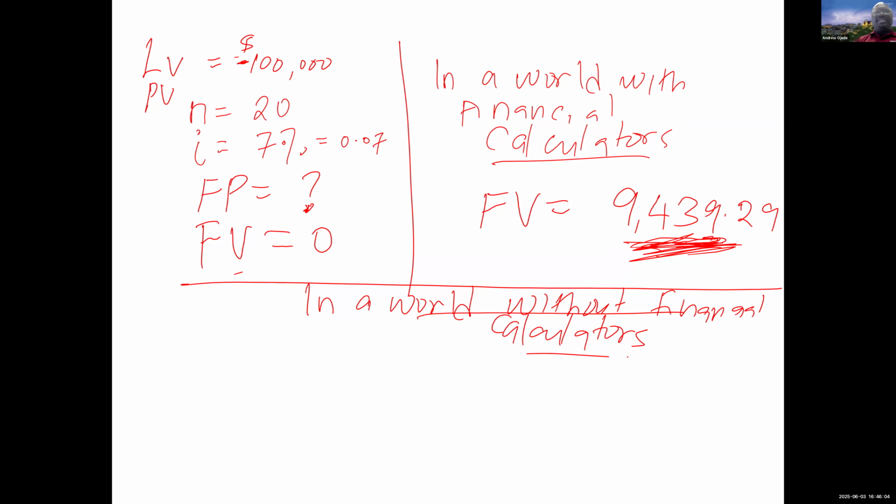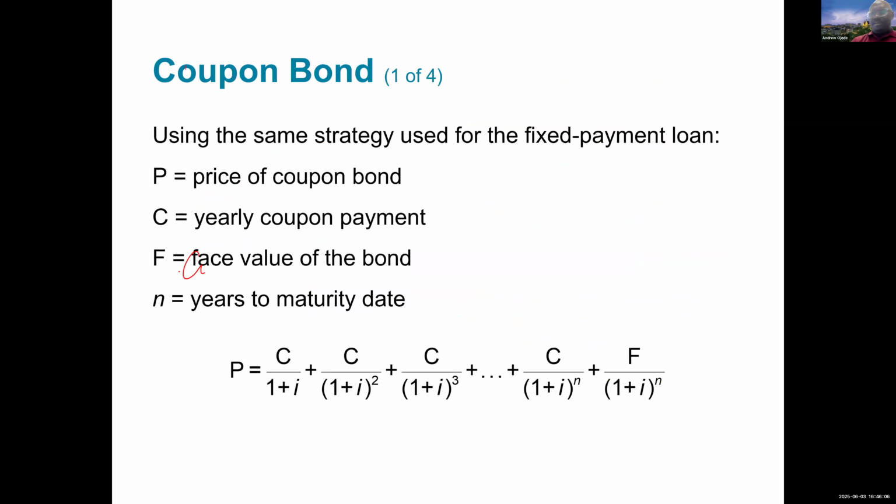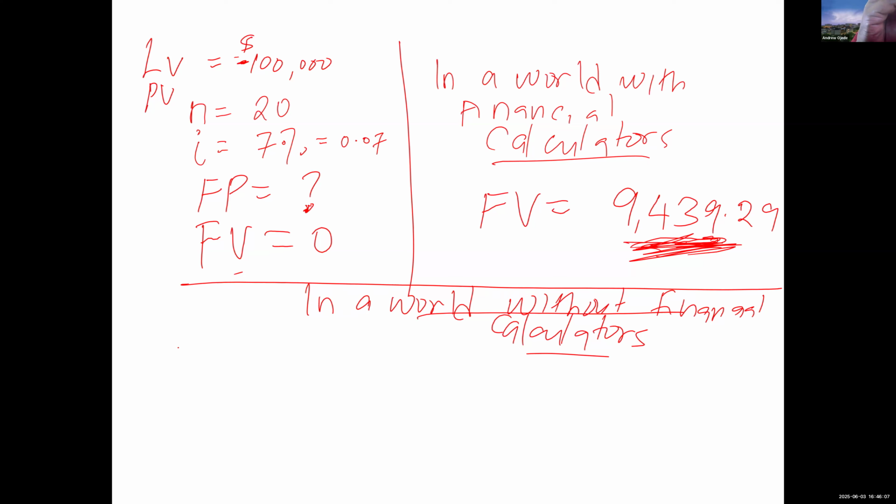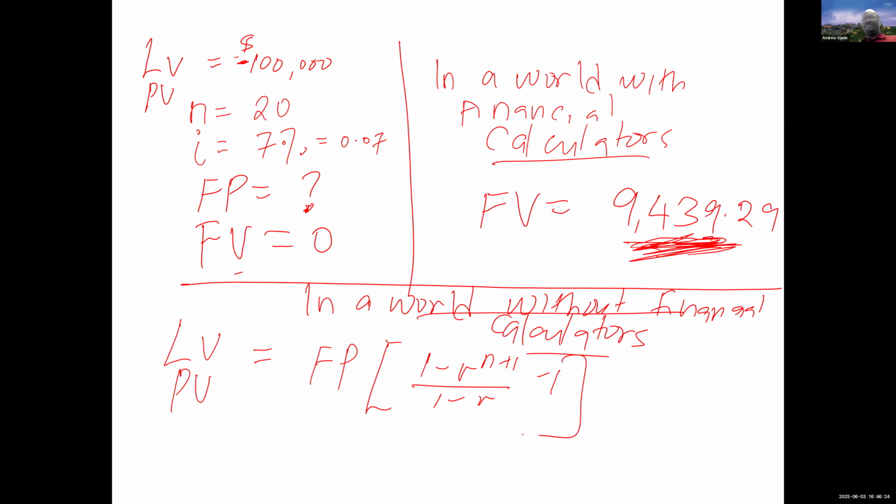So what does our math say? The loan value, or the present value of a fixed payment loan, is given as the fixed payment times (1 minus r to the power n plus 1) divided by (1 minus r), minus 1. That's the formula.